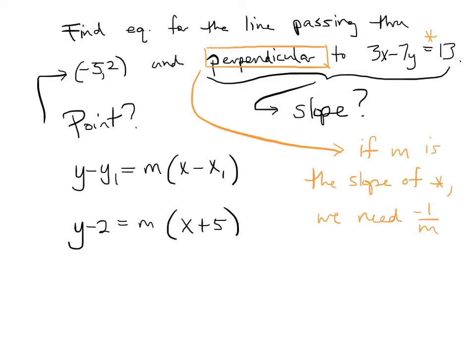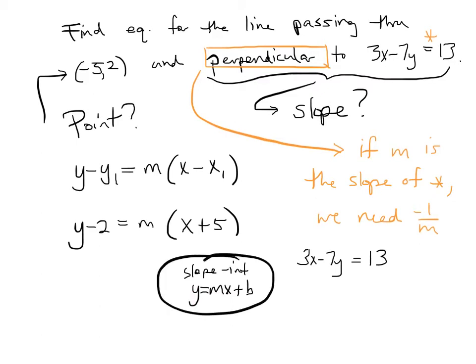How do I find the slope of star? Using the equation they gave, 3x minus 7y equals 13, you isolate y, and then divide everything by 7. So, 3x minus 7y equals 13. If I'm looking for y equals mx plus b, which tells me the slope, then one way to get that is, like you said, solve for y.